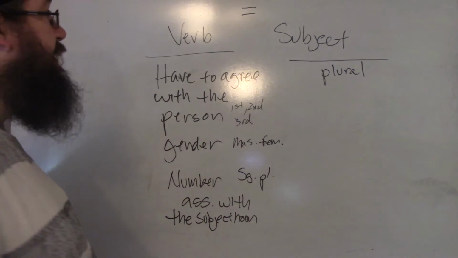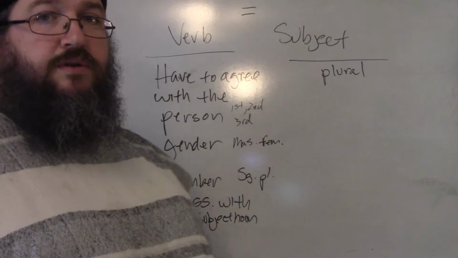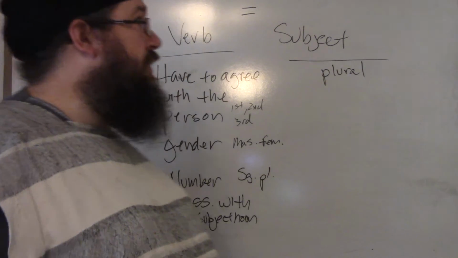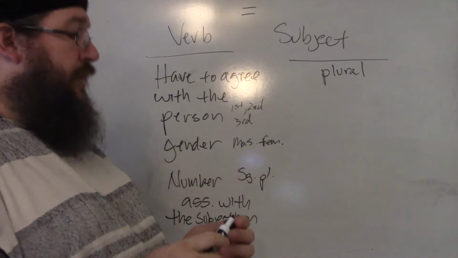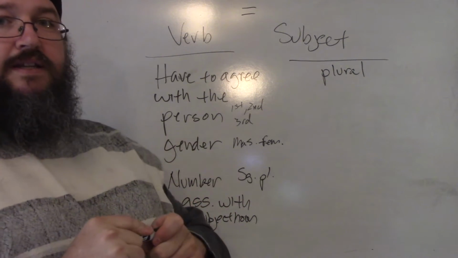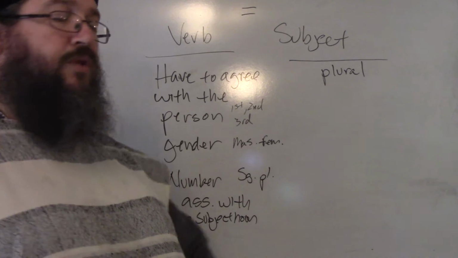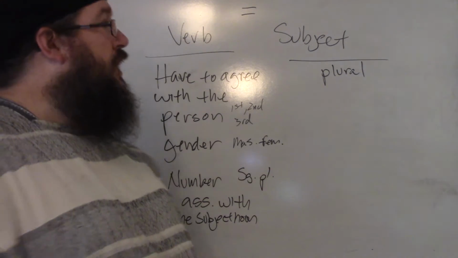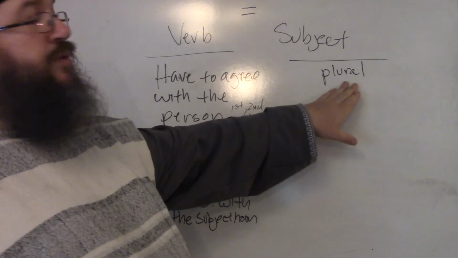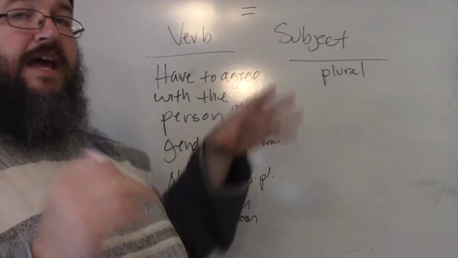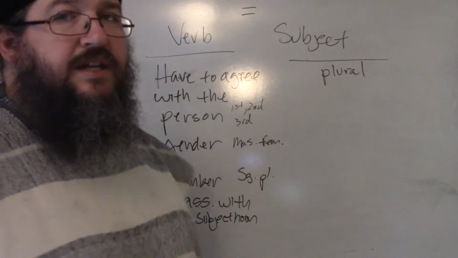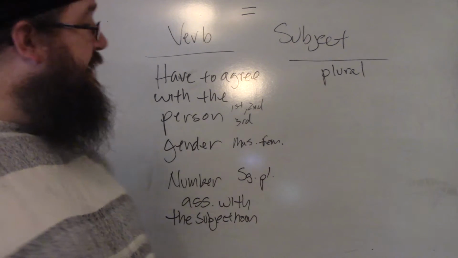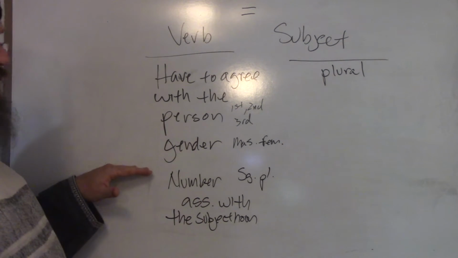Okay? The same thing can be found when we're looking at, for example, verb and subject agreement, where the subject is plural in nature, which means the noun is naturally plural looking, but is to be rejected as plural because the verb is singular.